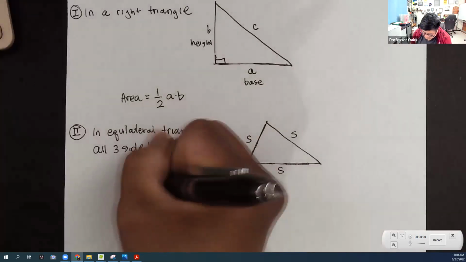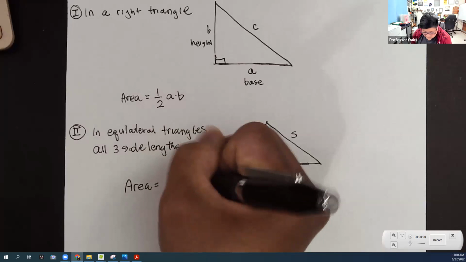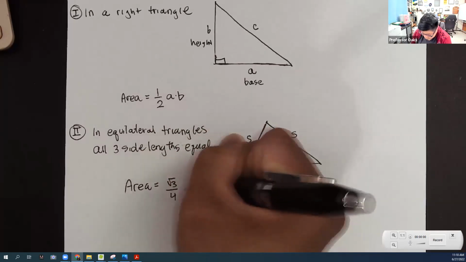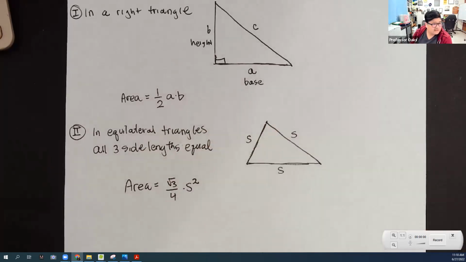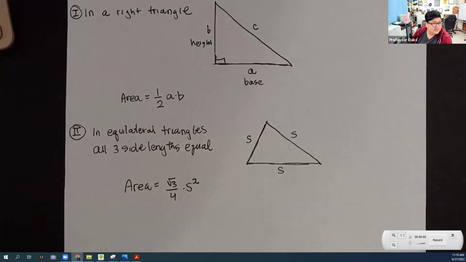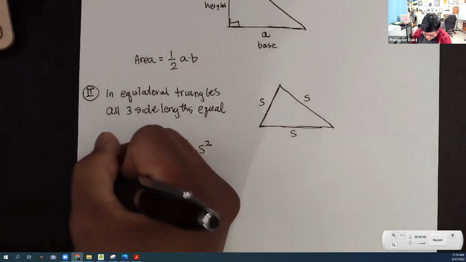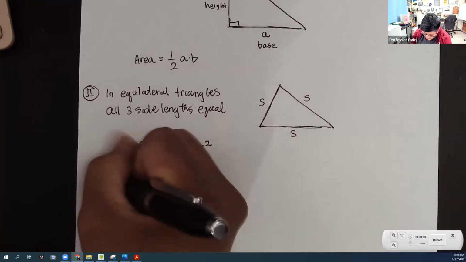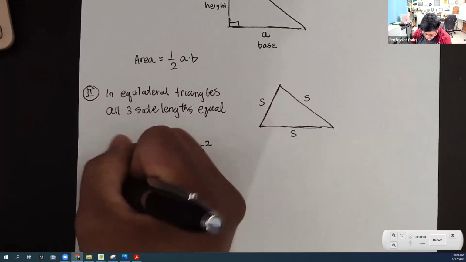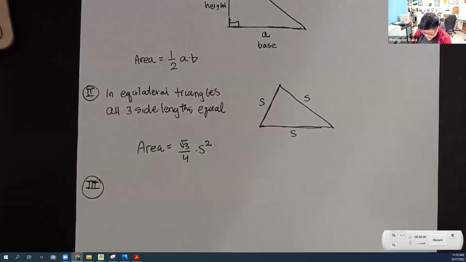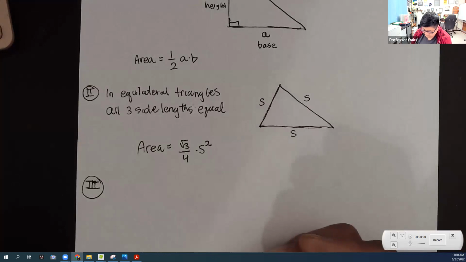Then the area is just the square root of 3 over 4 times the length of the side squared. You could prove that, but you don't need to. If you at least remember there is a special formula for equilateral triangles, you can look it up.